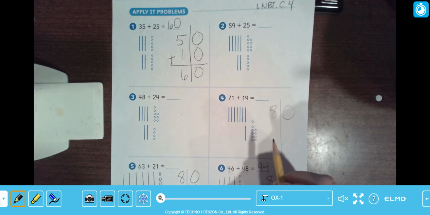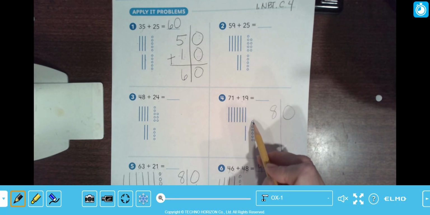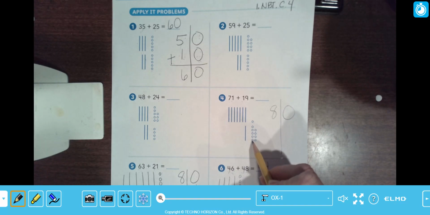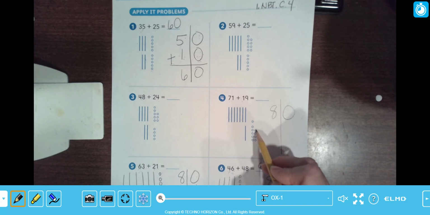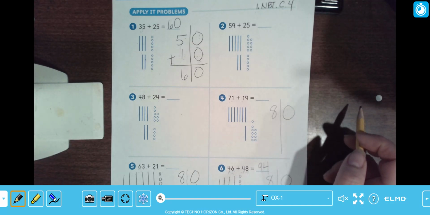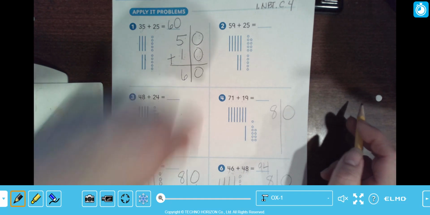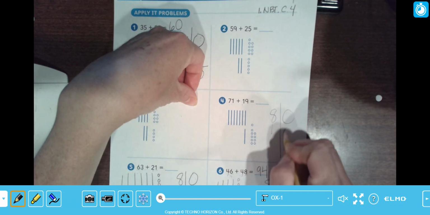Let's do that. Ready? Begin. 1, 2, 3, 4, 5, 6, 7, 8, 9, 10. What's the answer? 10. So right here we're going to write 10.